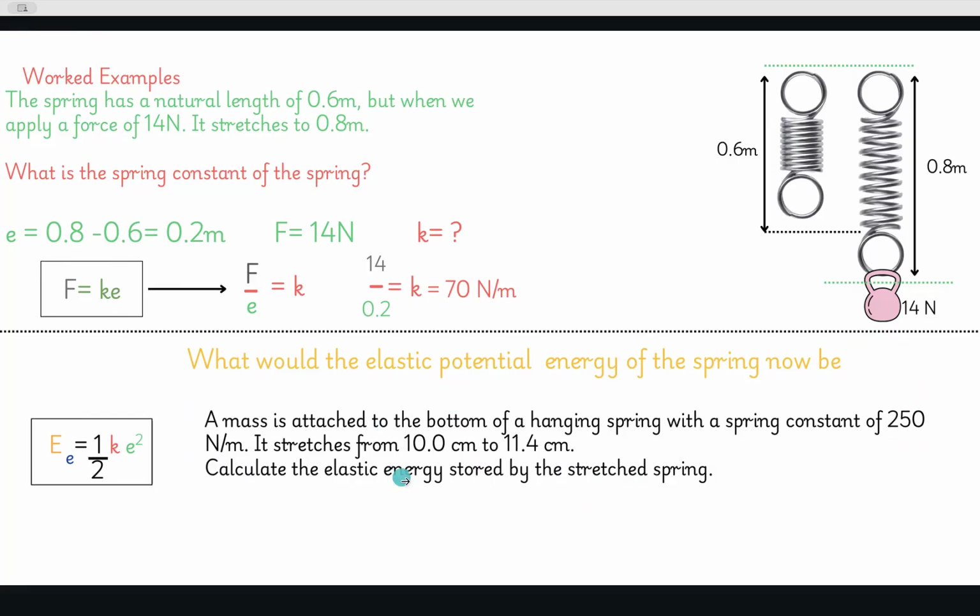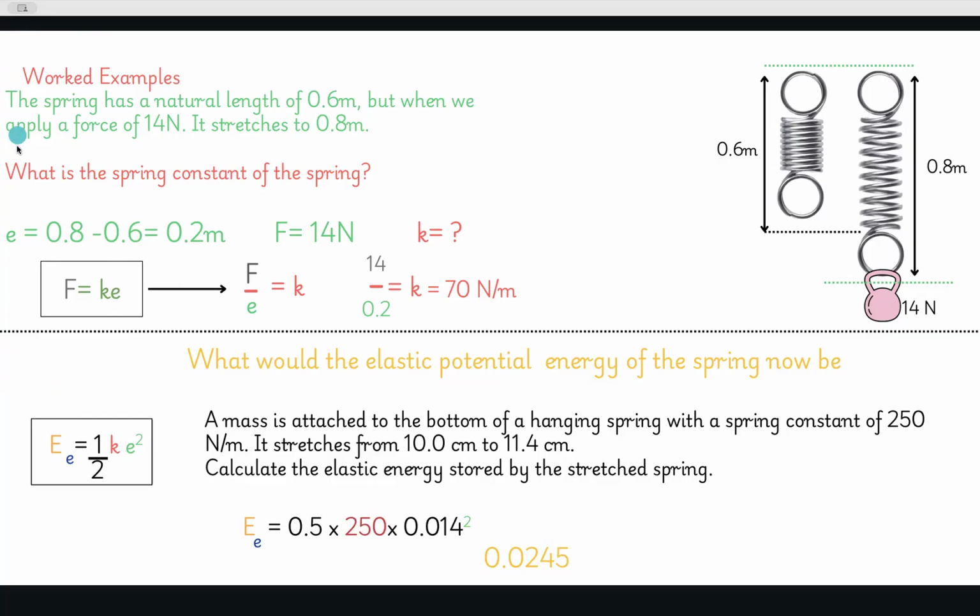The extension we can calculate by minusing them, but we also have to put the centimeters into meters. So we want to take them away, so that's going to be 1.4, and then we want to put that into meters.